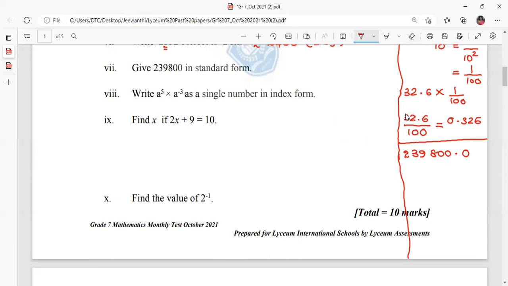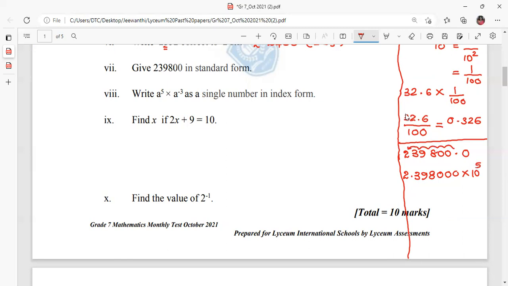So then what should I do? Now the number should be in between 1 and 10, right? 2.398 multiplied by 10 to the power. First, I will show with the zeros, otherwise you may think, what happened to the zeros? Now, what happened? 3, 4, 5, right?